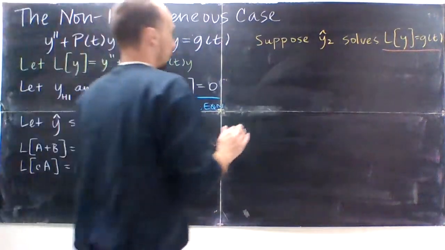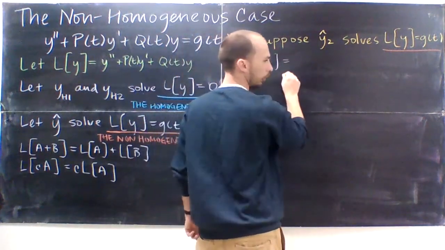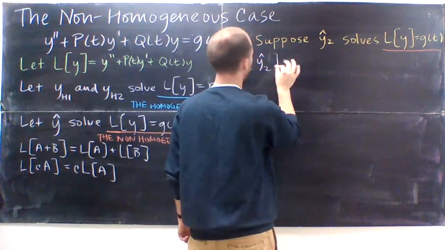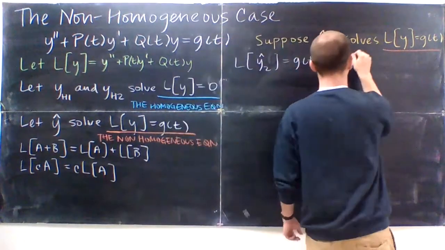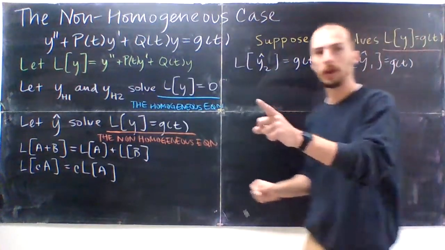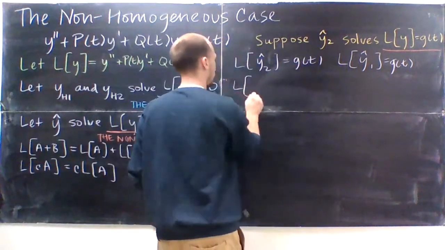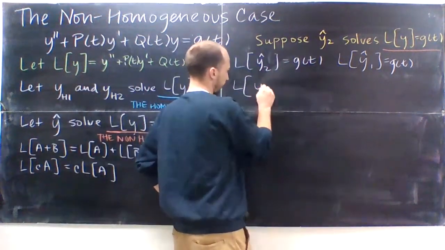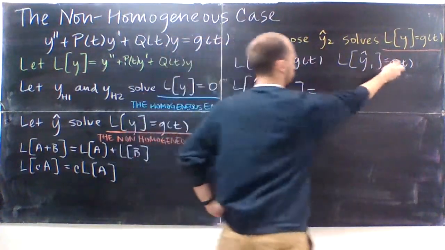If that's the case, then L of y2 hat was equal to g of t, but also L of y hat, or maybe I'll call it y hat 1, is also equal to g of t. So if I considered y hat 1 minus y2 hat and ran it through the left side of the equation, or did L to it, well, that's going to equal g of t minus g of t.